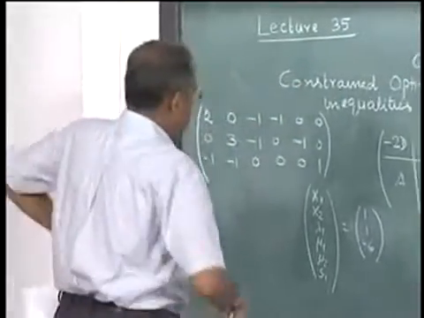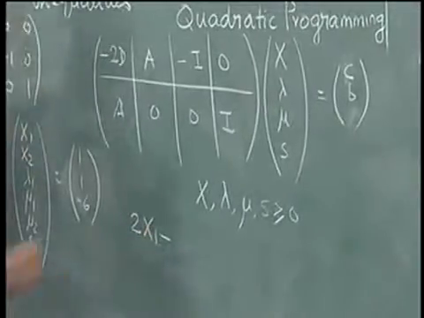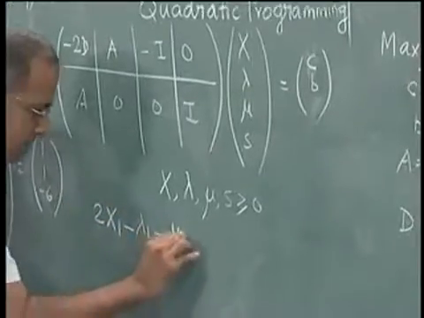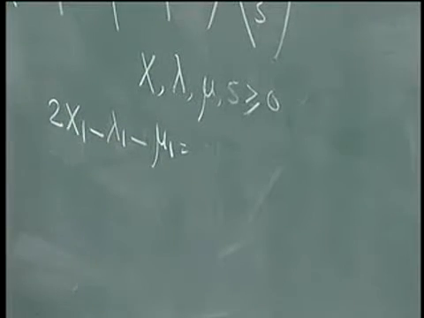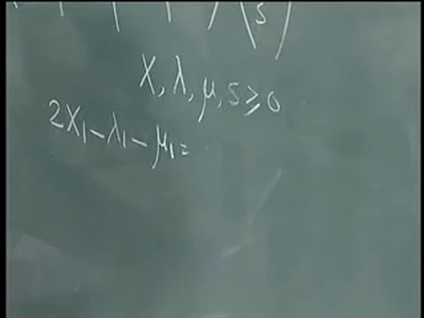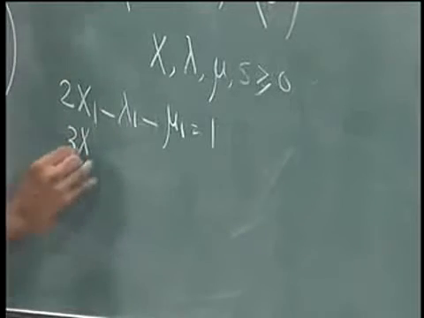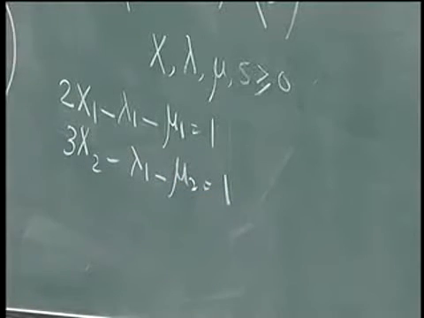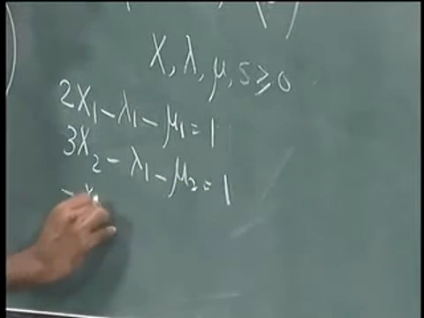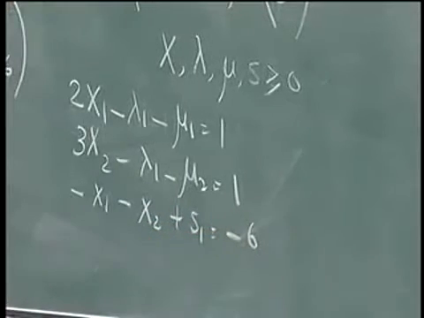So now when we expand this, we would get 2x1 minus lambda 1 minus mu 1 is equal to, so mu 1 is equal to 1, and we have 3x2 minus lambda 1 minus mu 2 equal to 1, and then we have minus x1 minus x2 plus s1 equal to minus 6.